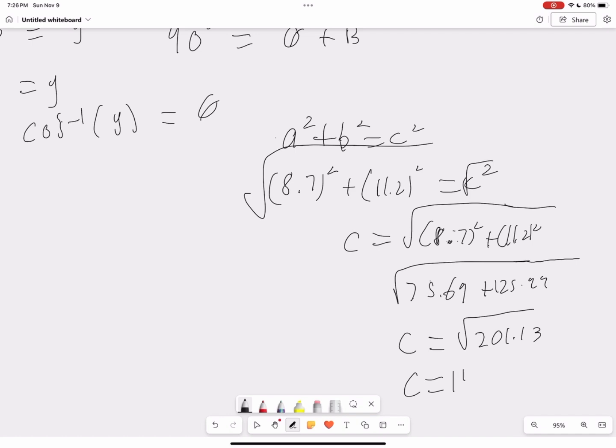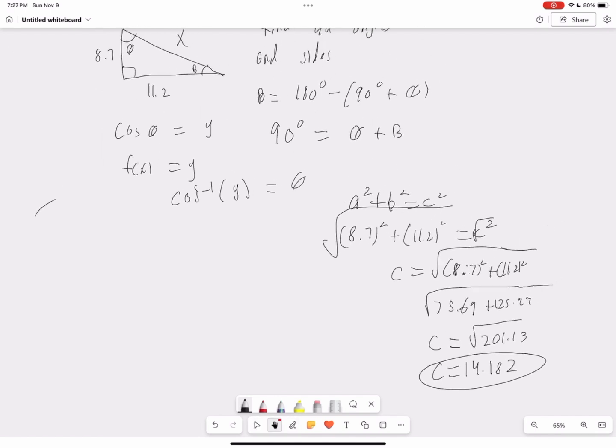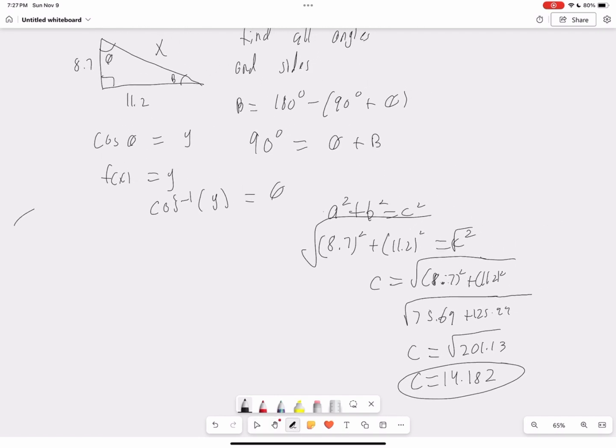If we add these up, c equals the square root of 201.13. So c equals 14.182 approximately.